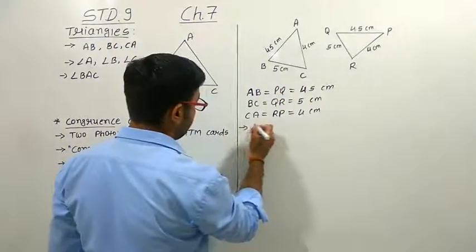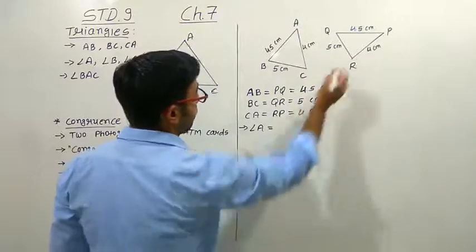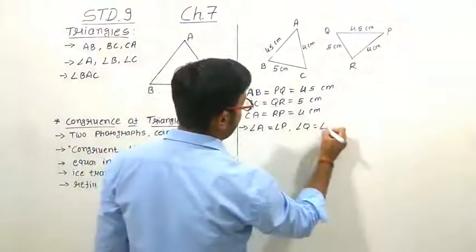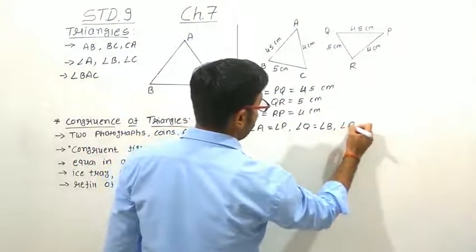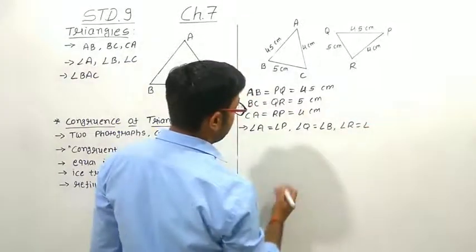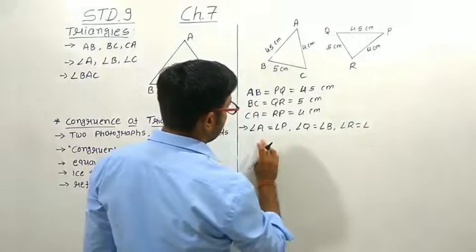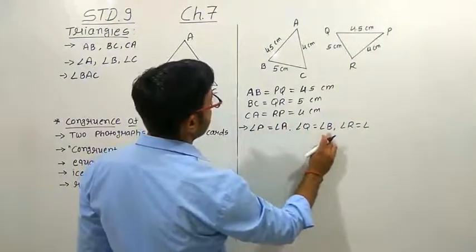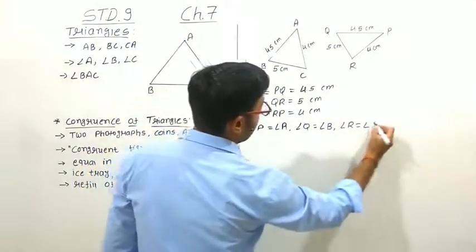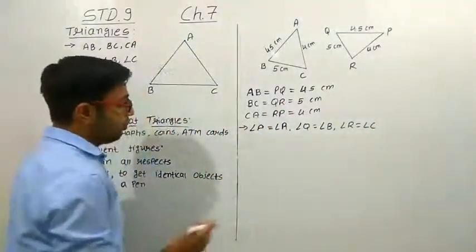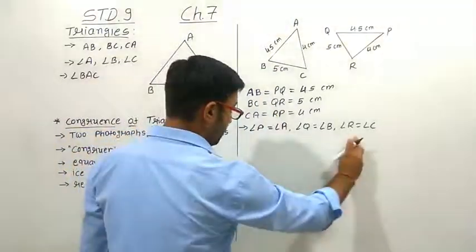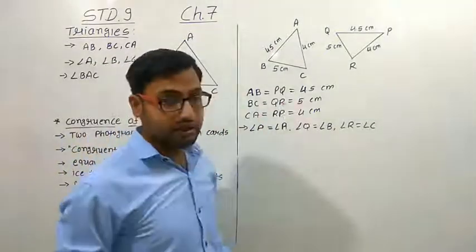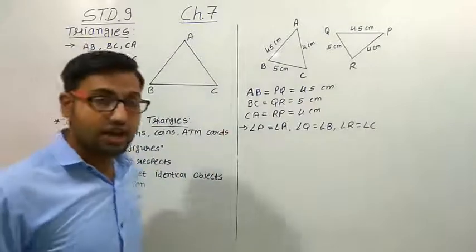So here angle P is equal to angle A, angle Q is equal to angle B, and angle R is equal to angle C. That means all the respective sides are equal and all the respective angles are equal. If this happens in two triangles, then we can say that the two triangles are congruent.